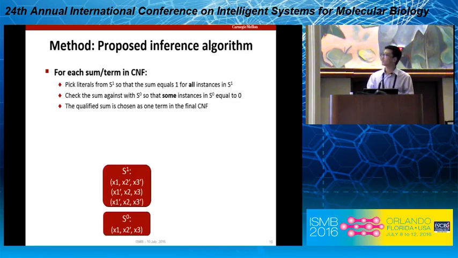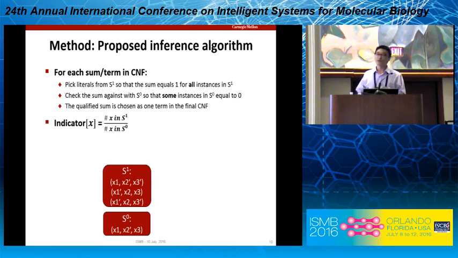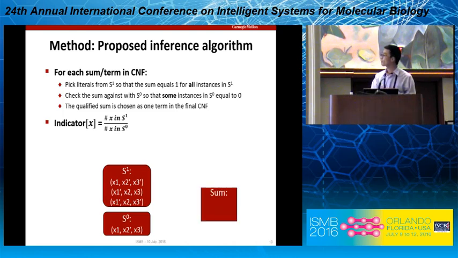And the picking order is also determined by an indicator function. This just means that the more often a literal shows in S1, and the less often it shows in S0, the higher priority it has to be picked. So with a simple calculation, x1 prime will be picked as the first one to satisfy this 2 to 1.